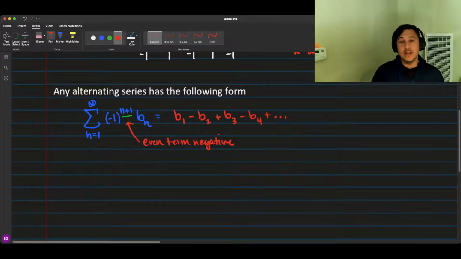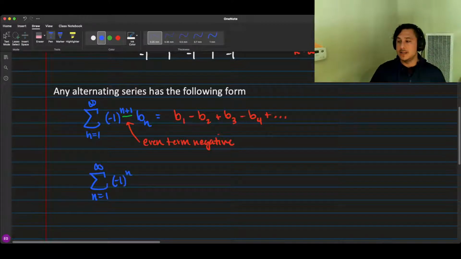If the evens can be negative, the other possibility is that the odds are negative. That's not hard to get to happen. You also have a sum from 1 to infinity, and you'll just have (-1)^n times some b_n.